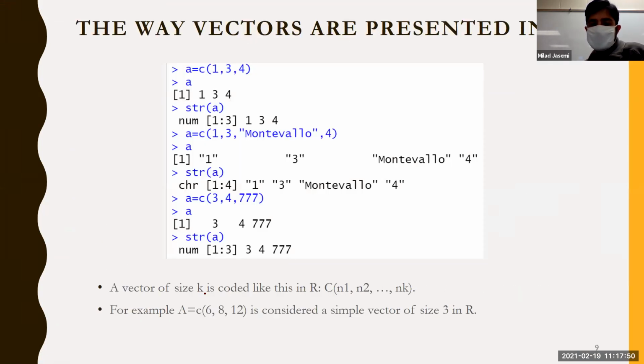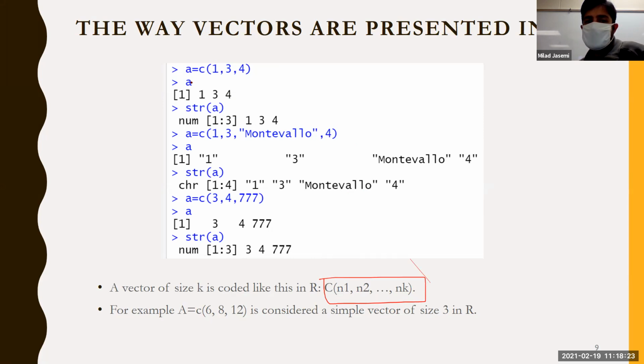A vector of size k is coded like this in R. You always start with c, open parentheses, and you put the elements of the vector you want to create. For example, a equal to c, open parentheses, 6, 8, 12 is considered a simple vector of size 3 in R. No need for defining the types and things like that.